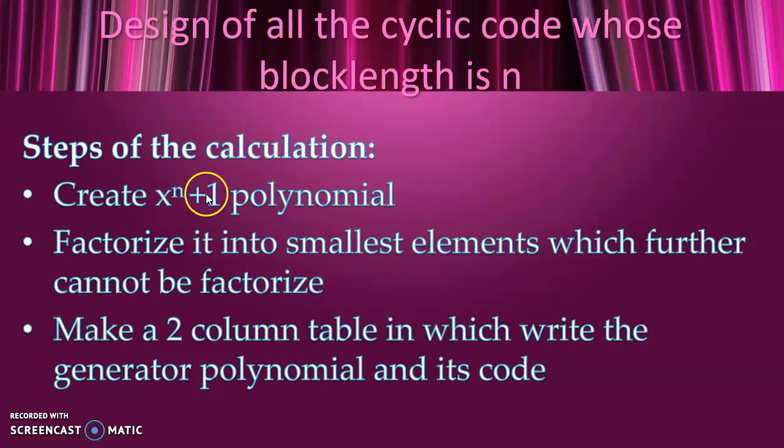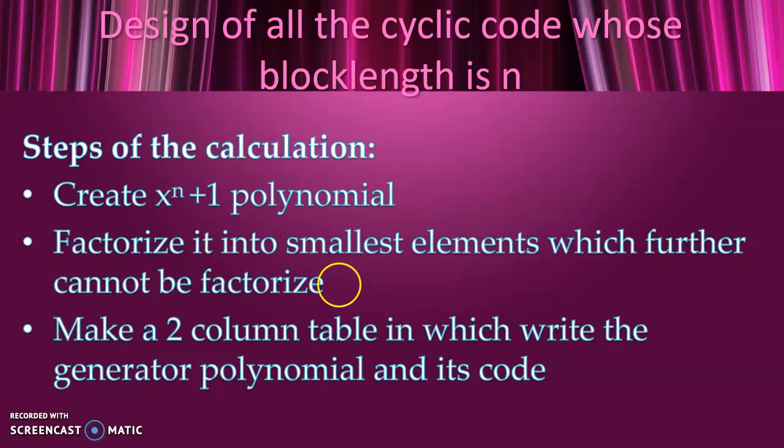Then this polynomial will be factorized into the smallest elements. How we can factorize into the smallest elements, we will show in our next material, which will also be given to you. The polynomial is factorized into the smallest elements which further cannot be factorized.